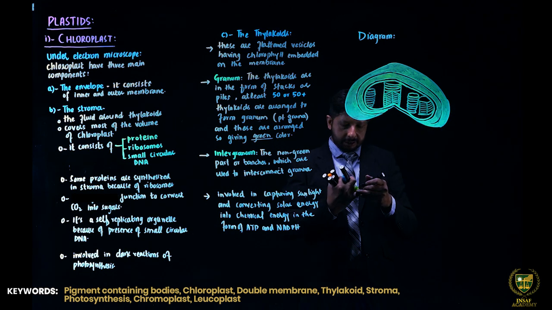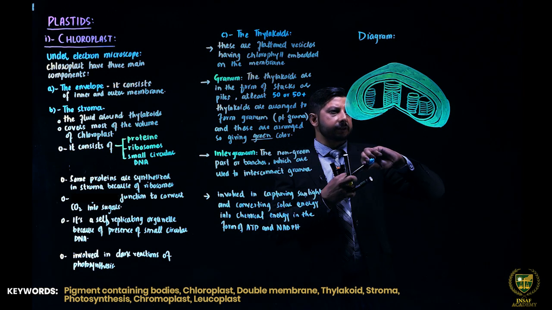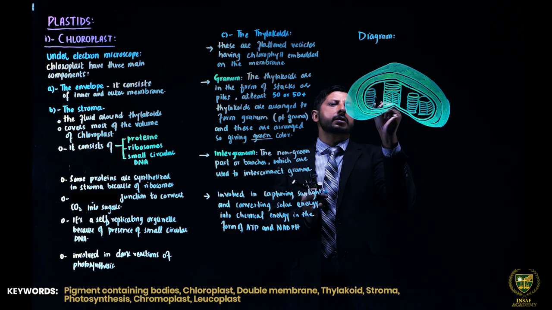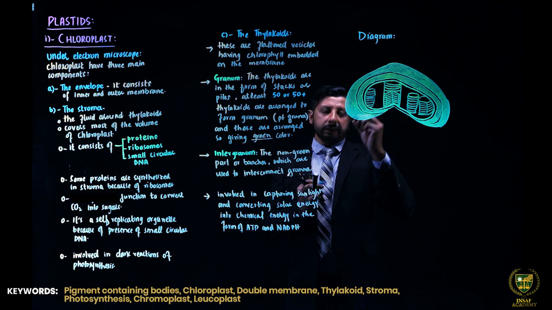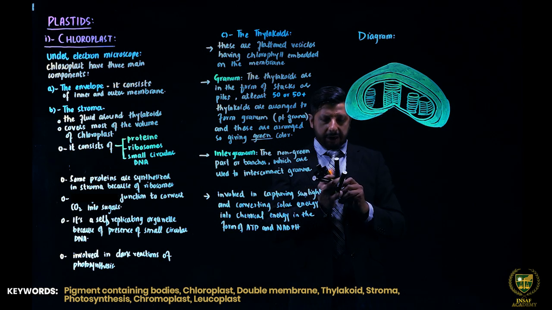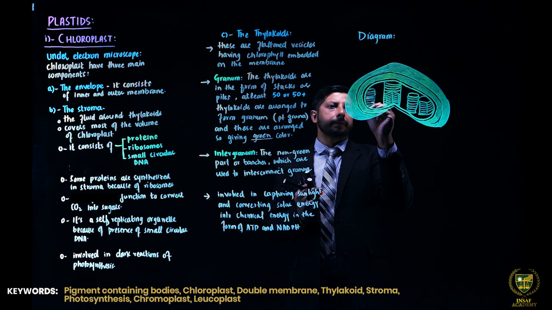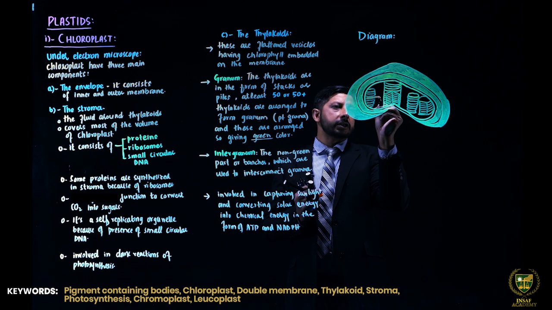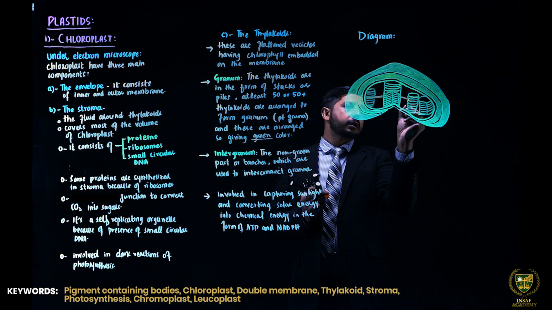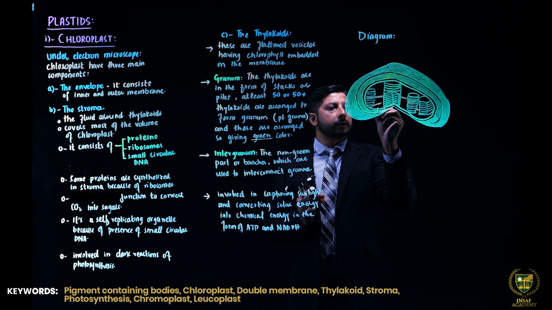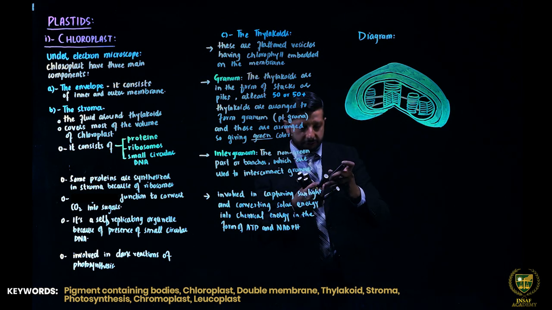Over here, and these grana are interconnected with the help of non-green parts, and these non-green parts are called intergranum. So this is how they are interconnected. So this is the structure of chloroplast.